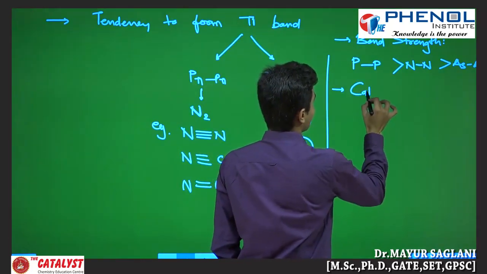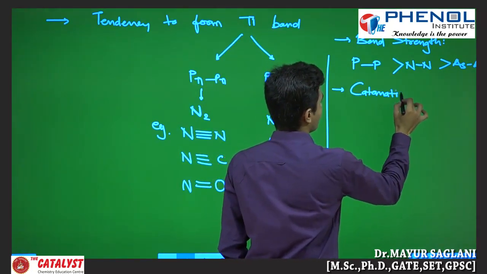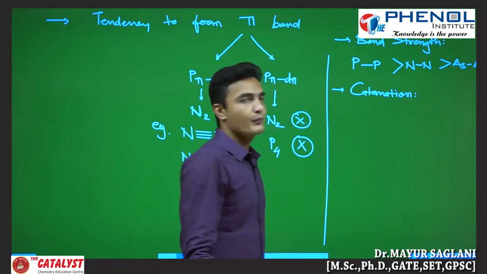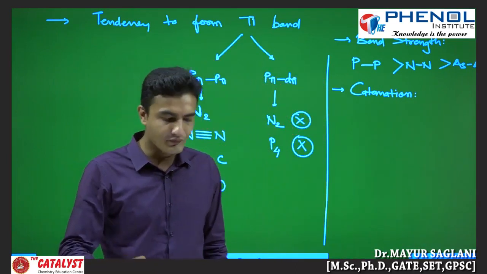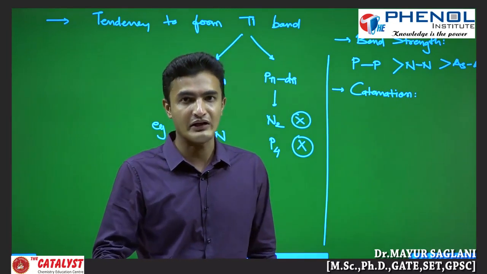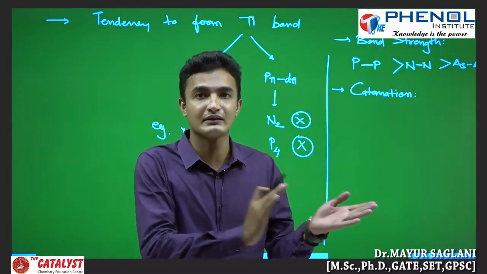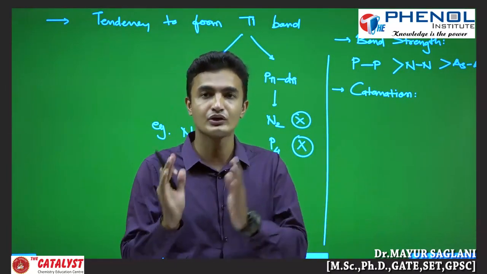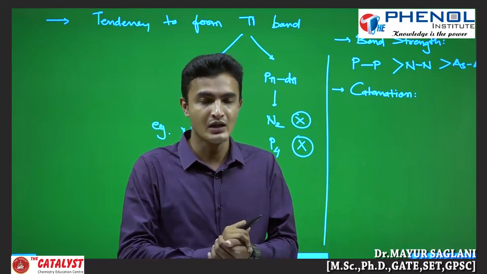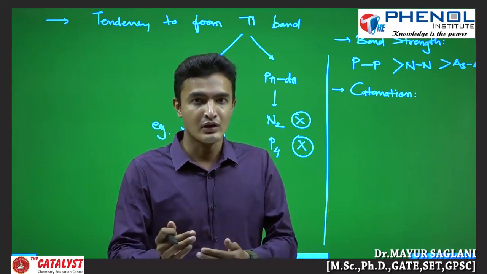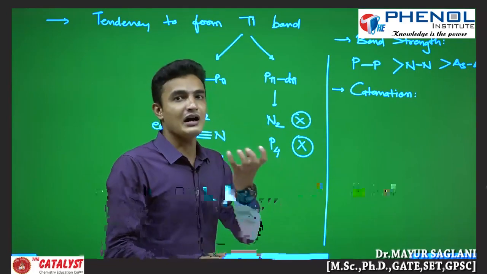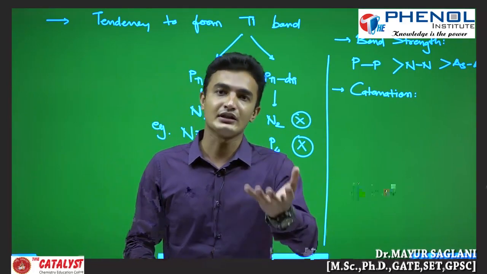Now if we write catenation, what do you mean by catenation? A property of an element to bind with the same element. Fine. Carbon can bind with carbon, silicon can bind with silicon, germanium can bind with germanium. But which are the stable bonds? Those where the bond strength is higher and the catenation is higher.